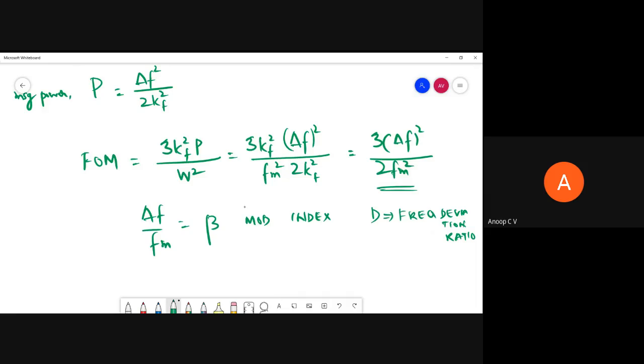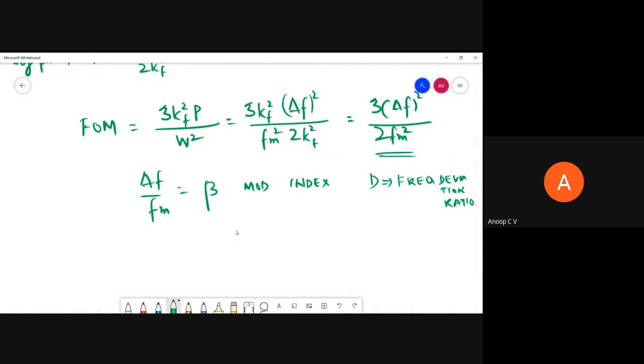Now delta f by fm is beta, so we can write it in terms of beta. Figure of merit in this case is equal to 3 by 2, then delta f by fm, the whole square, will be beta square.